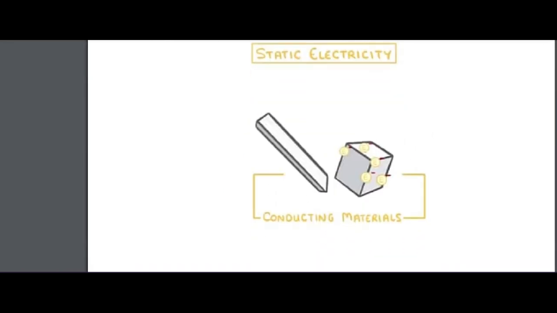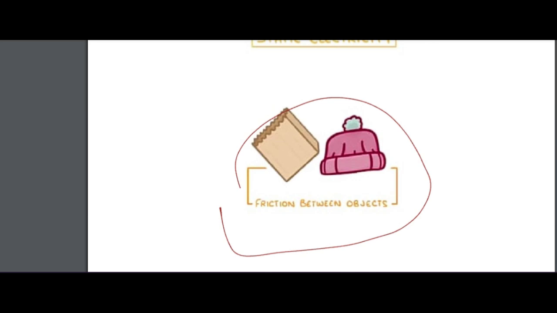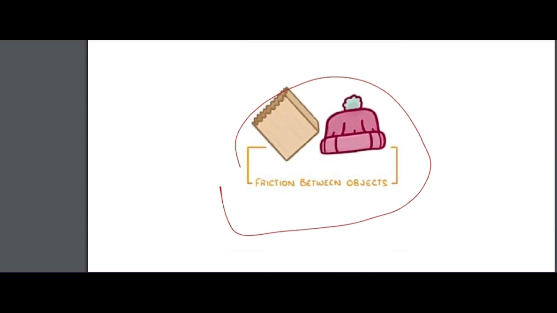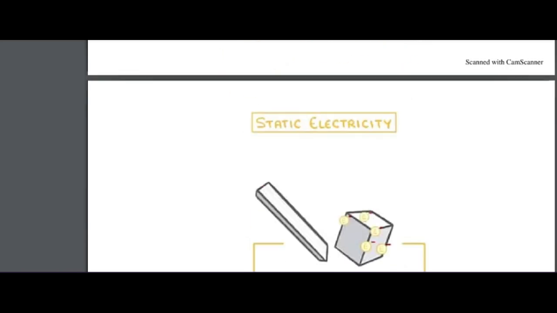Another example is insulating materials like a polythene rod and a cloth. The electrons can't flow back. For example, if I take a cap and a hat and rub them together, the electrons or charges of the cap will shift to the hat and they may come back as well. But there is a situation in which, when the charges move to another place, they will not come back to their original place.